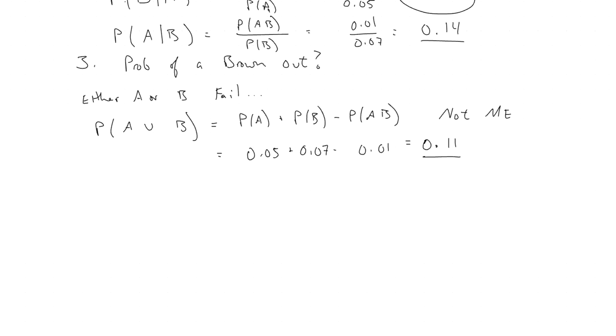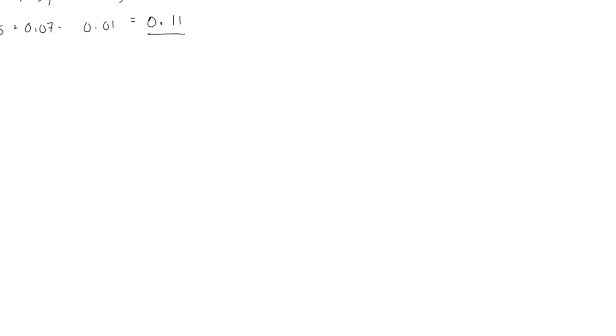Okay, so in the limited time we have left, I want to introduce one more concept here, and it's what we call the theorem of total probability. We're going to use an example to illustrate it.